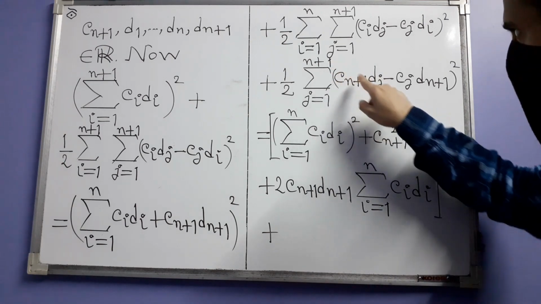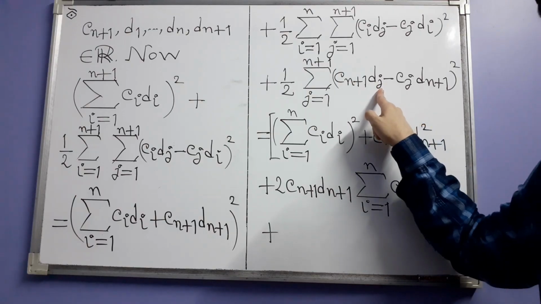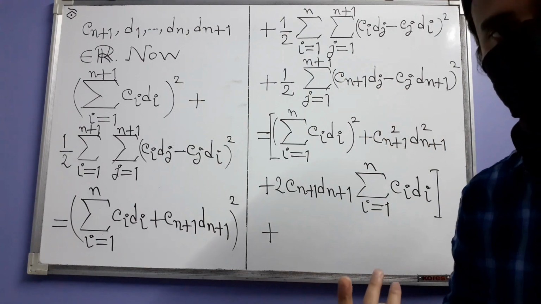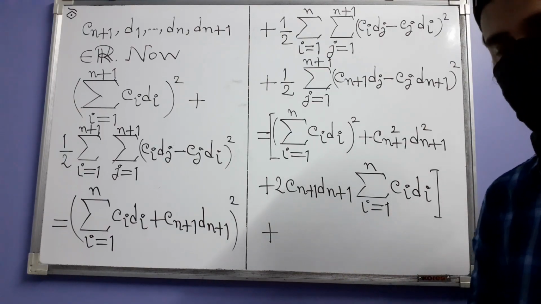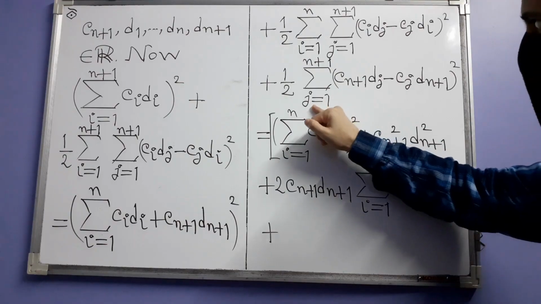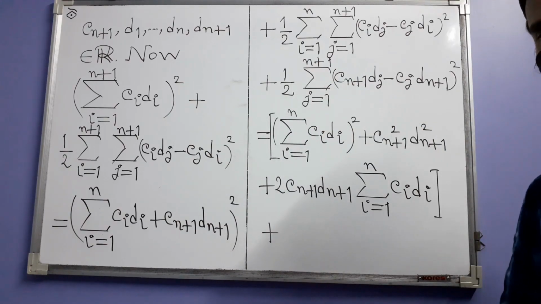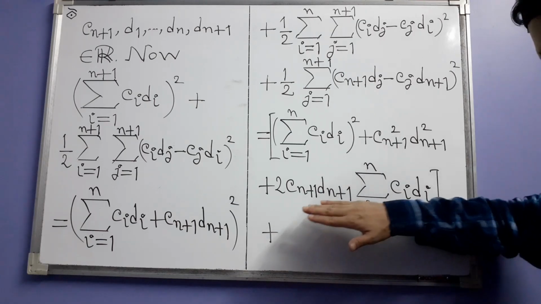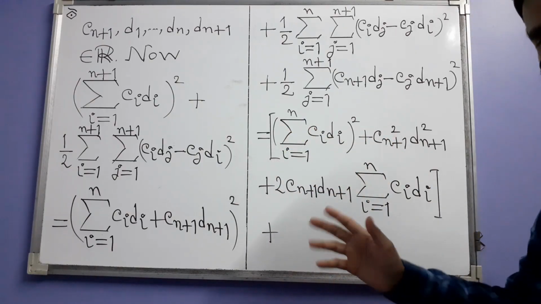If you put j equal to n+1 here, what do you get? Cn+1 Dn+1 minus Cn+1 Dn+1. So that term actually vanishes. So you can just write j equal to 1 to n here, because there is no need for writing the last term.